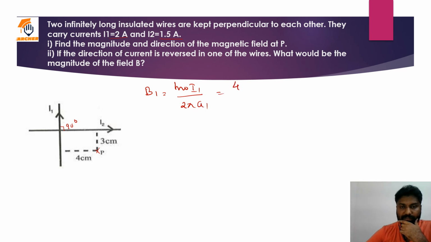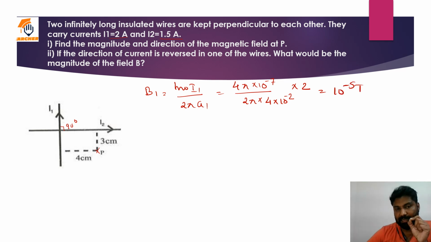So this will be 4π into 10 raised to minus 7 divided by 2π into 4 into 10 raised to minus 2, since this is 4 centimeters, into I1, which is 2 ampere. So here we will get 10 raised to minus 5 Tesla, and the direction of this is into the plane.